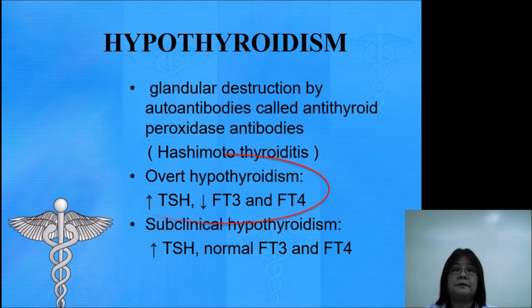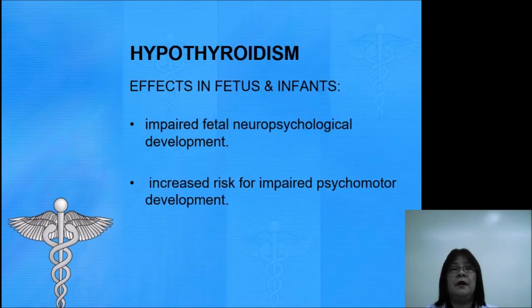Now, what will be the effects of hypothyroidism in fetus and infants? As we have discussed before, in the early part of pregnancy, your thyroxine is important in the development of the brain.